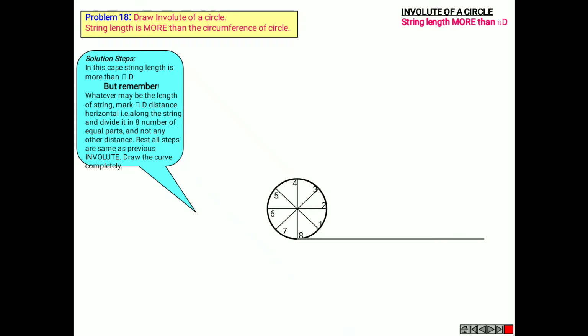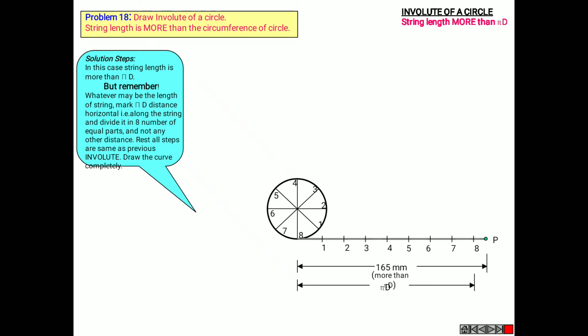Draw a circumference line slightly higher than the actual circumference of pi d. Similarly, divide the line into 8 equal parts, 1 to 8, and the rest part is higher, more than the length of your circumference.